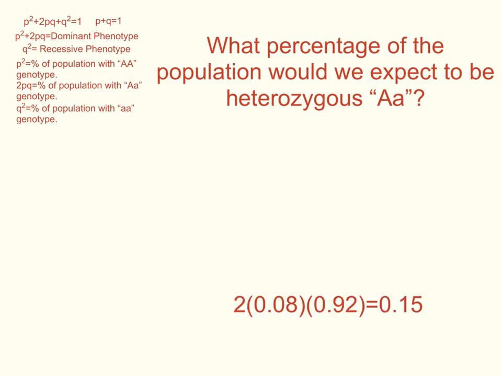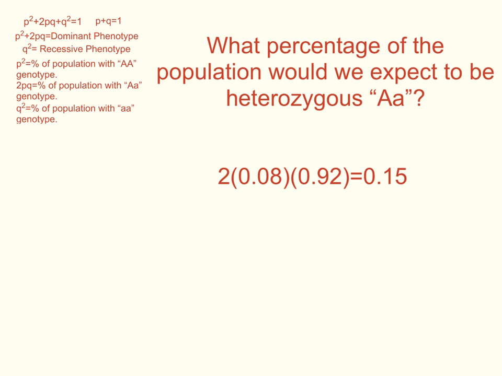Since we already know what P and Q are, I've done it here. So 2 times P, or 0.08, times Q of 0.92 gives us an answer of 0.15. So 0.15, or 15%, is the percentage of the population that we would expect to be heterozygous big A, little a.